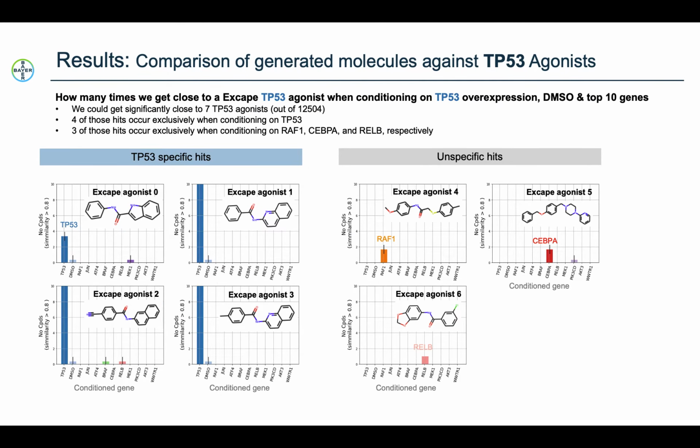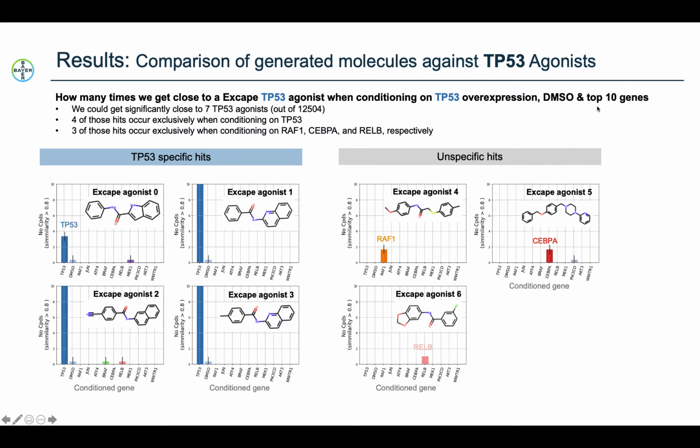So starting with TP53, here we're comparing generated molecules against TP53 agonists from the ESCAPE database. Basically what we're trying to plot here is how many times we get close to a TP53 agonist when conditioning on TP53 overexpression profiles or on DMSO and the top 10 genes.